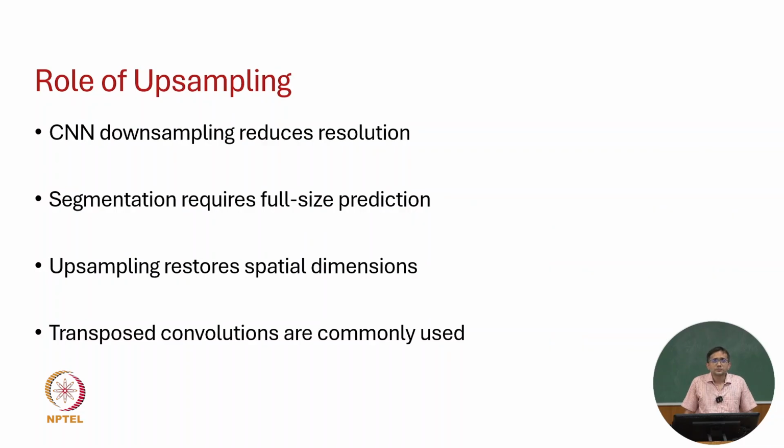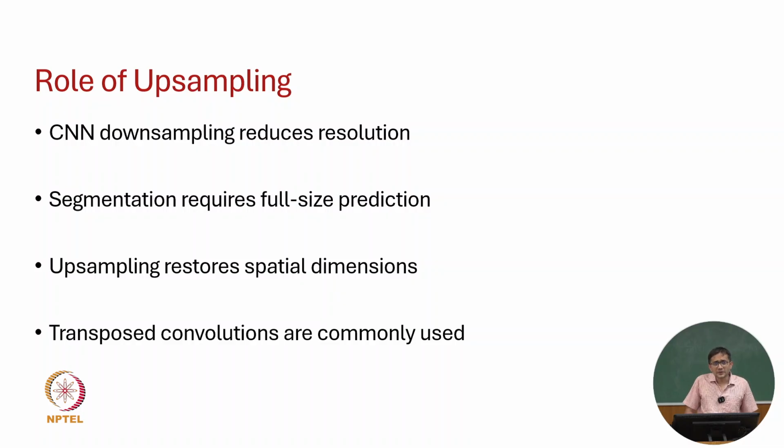And there comes the upsampling. What is happening here is that the CNN downsampling is reducing the spatial resolution. However, to emphasize again, segmentation requires full size prediction, and thus we need some form of upsampling here that can restore the spatial dimension.